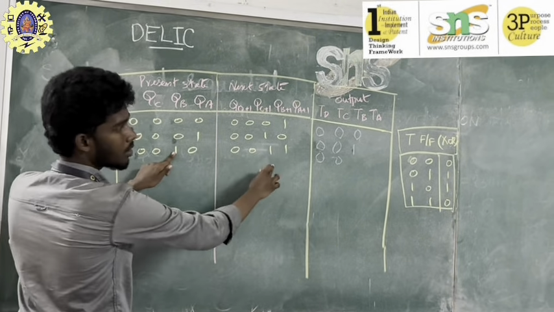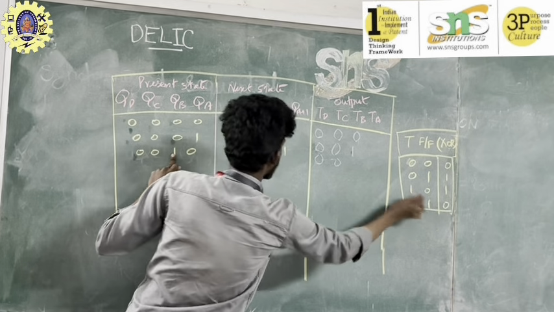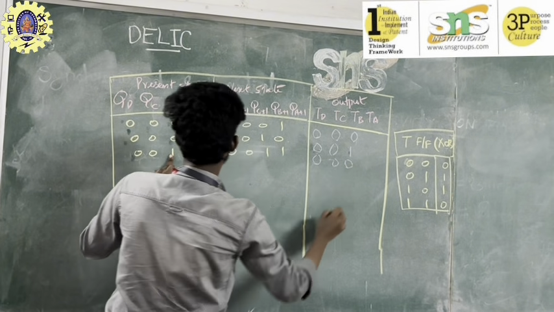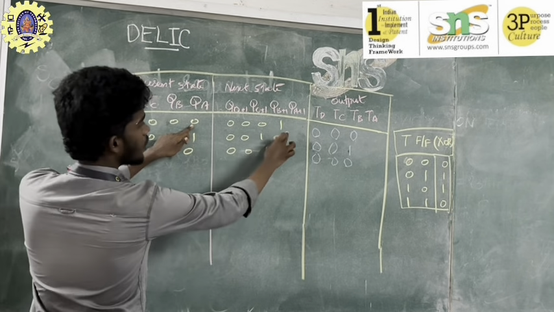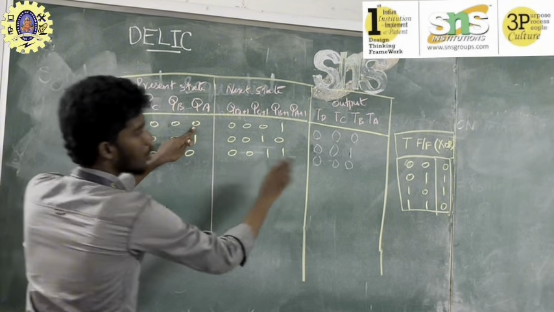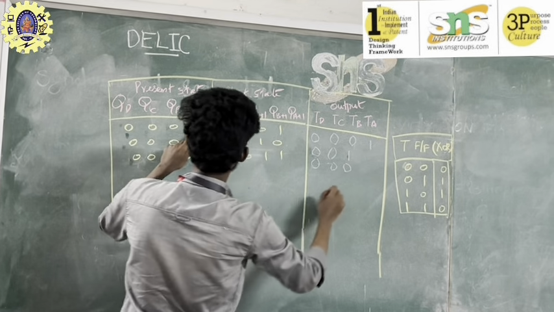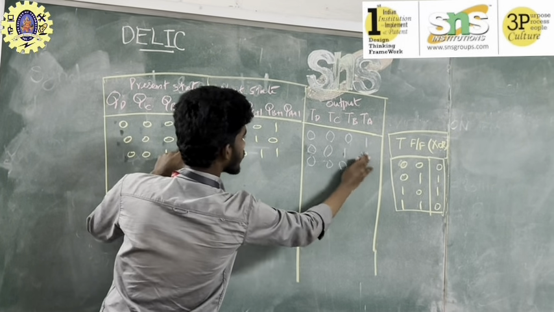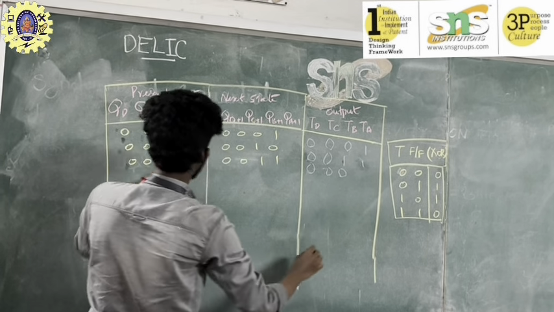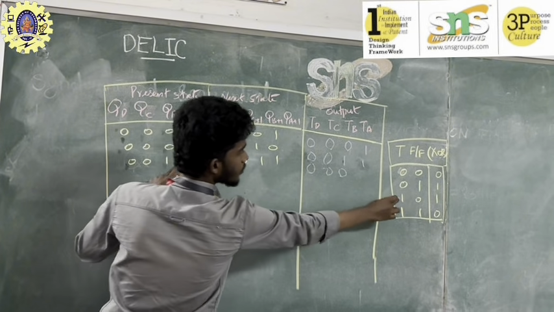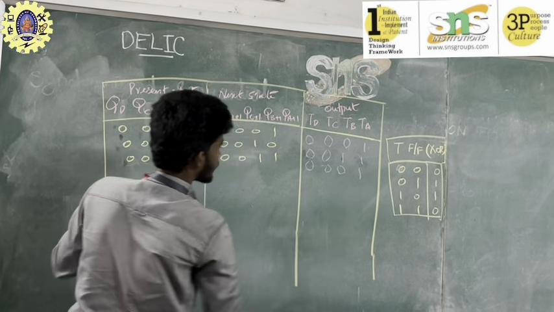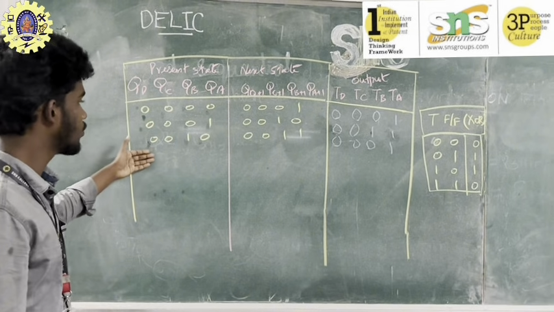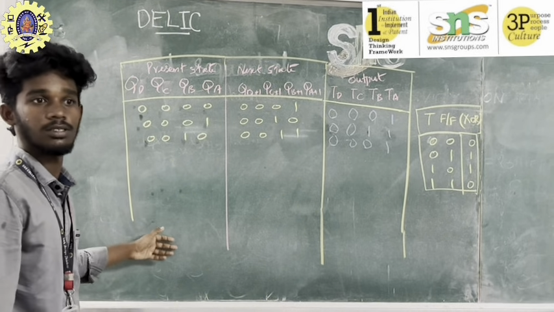And 1 1, XOR gate, 1 1 is 0. QA 0, QA+1 1, 0 1 is 1, 1 0 is 1. In a similar way, we should continue it for the 15 values.